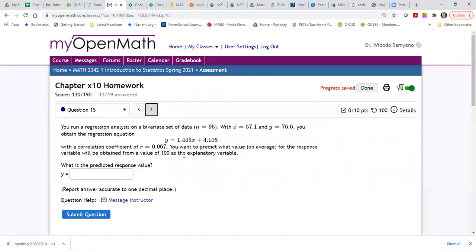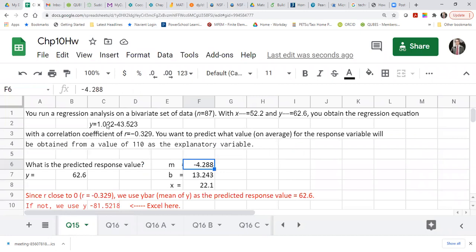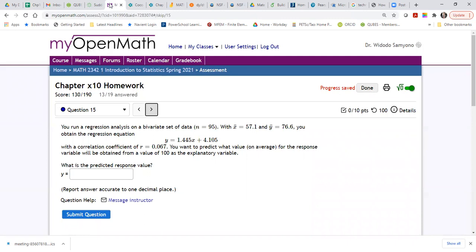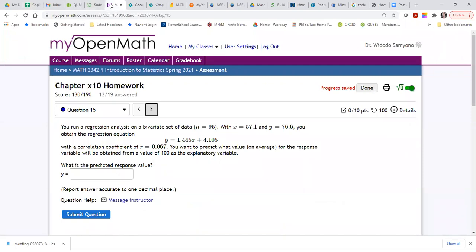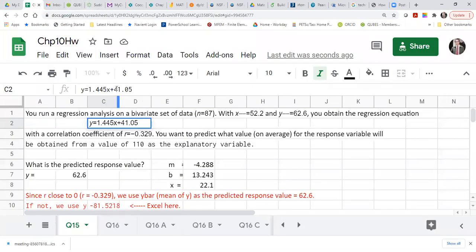So the m is 1.445, so 1.445 x, and then the b is plus 4.105. So 4.105.